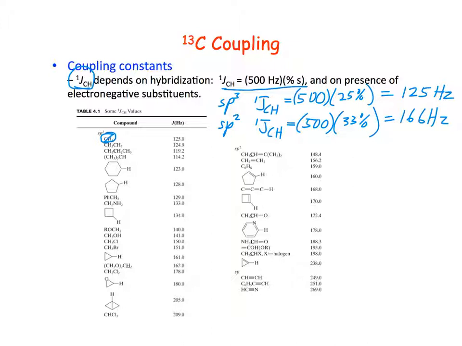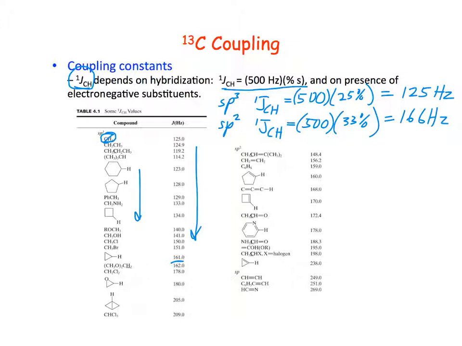And notice as we go down in this direction, we're going into smaller rings, and as the carbon-carbon ring size gets smaller, the coupling constant gets bigger. I think that's because as the carbon-carbon-carbon angle gets smaller, the carbon-hydrogen coupling gets bigger. And so it's basically a different hybridization.